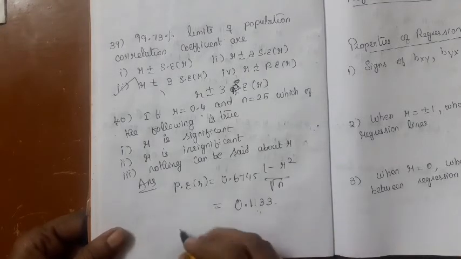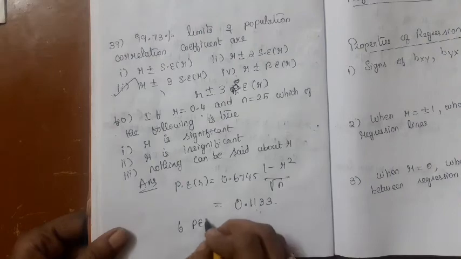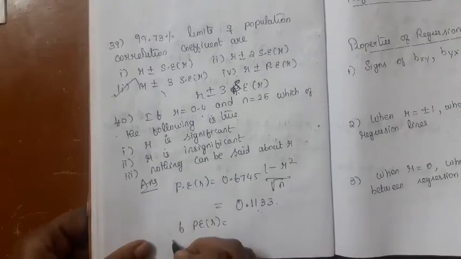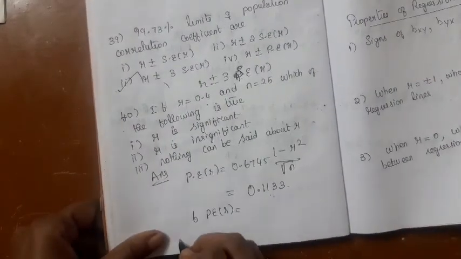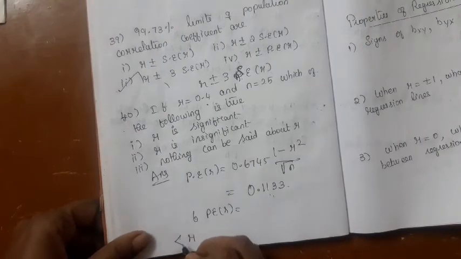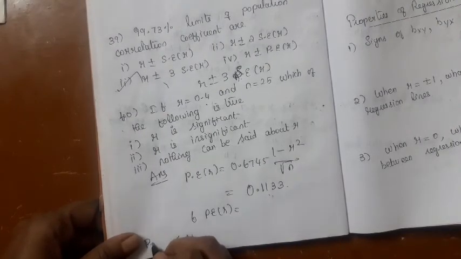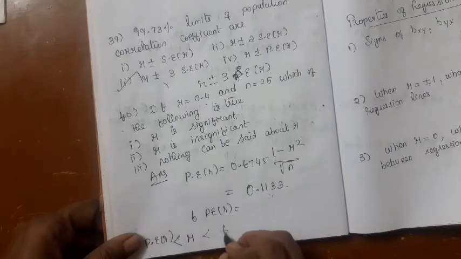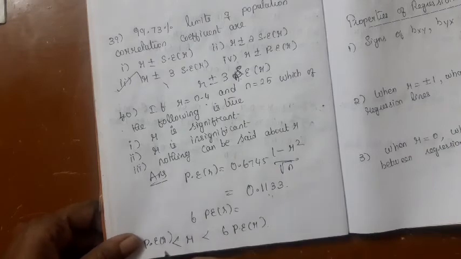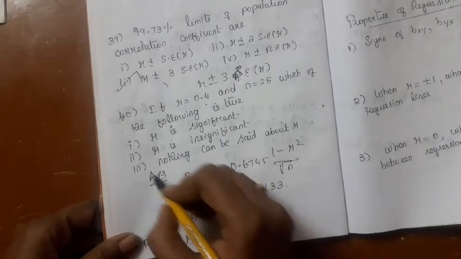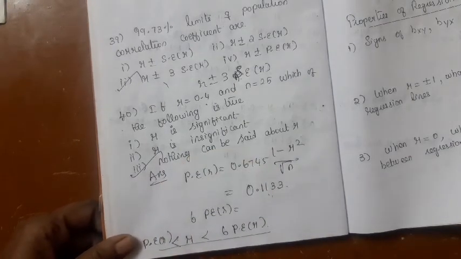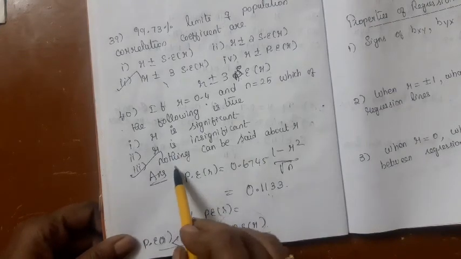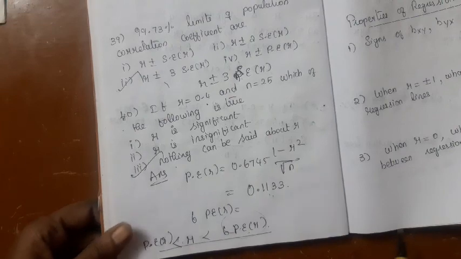But if you compute 6 times probable error of R, you can find that R lies between probable error of R and 6 times probable error of R. Okay. So, if this is the case, nothing can be said about R. Right. You calculate all these things and verify. Nothing can be said about R. Okay.